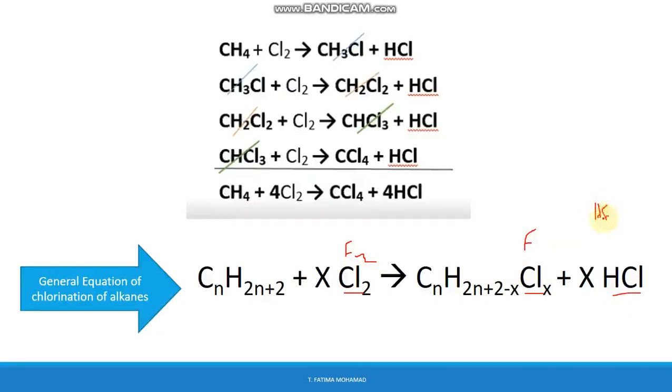This is with respect to fluoration. With respect to bromination, instead of Cl2 you write Br2, here Br, and here HBr.